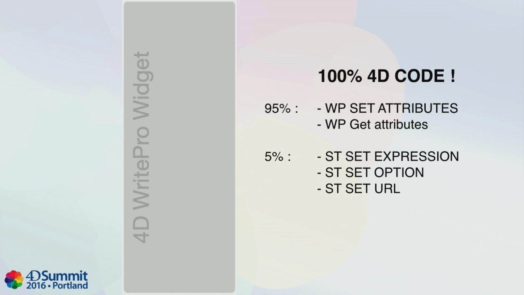So again, this is 100% 4D code. This is the only language I can program. So I was happy to do this. And mainly I've used, let's say, 94% of WP SET ATTRIBUTES and WP Get Attributes.